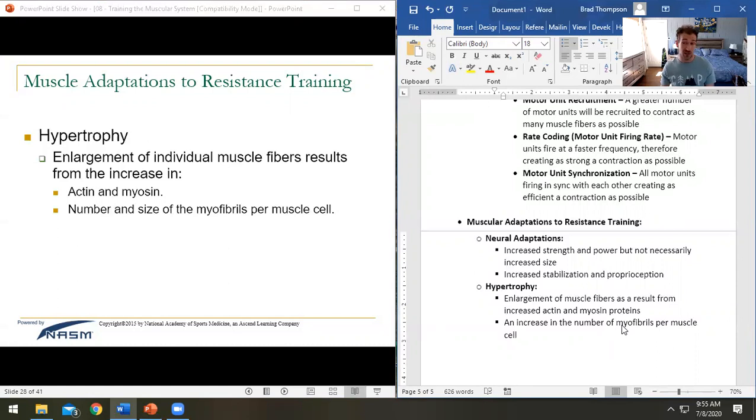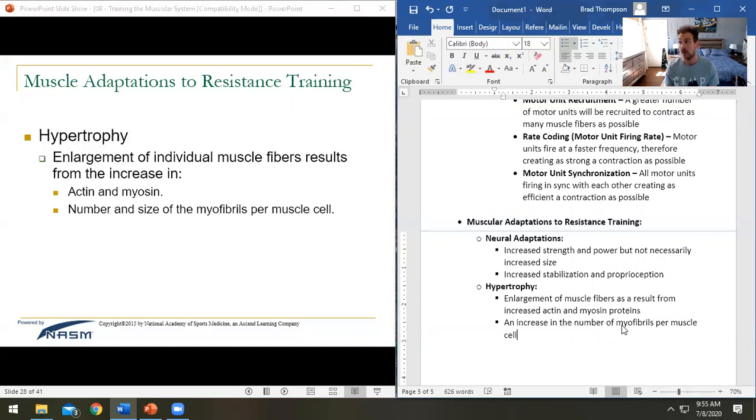Now, there are ways to enhance how much hypertrophy you create. The more you damage those actin and myosin proteins, the more your body will have the need to repair those things. So primarily training in a glycolysis environment, right? Training for glycolysis in particular is going to create a lot of lactic acid, which is very acidic, and that will actually eat away and damage those myofibrils.